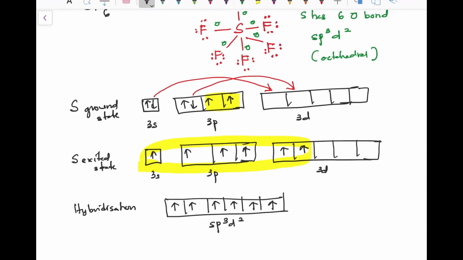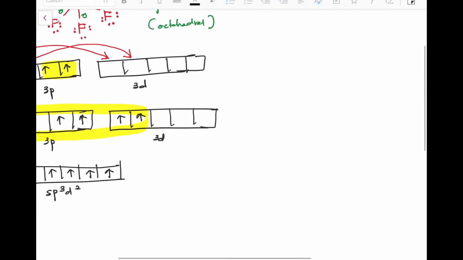Okay, so now we have 6 available spaces for overlapping. Sulfur will overlap with fluorine, so we have to write a ground state for fluorine. I will show you.